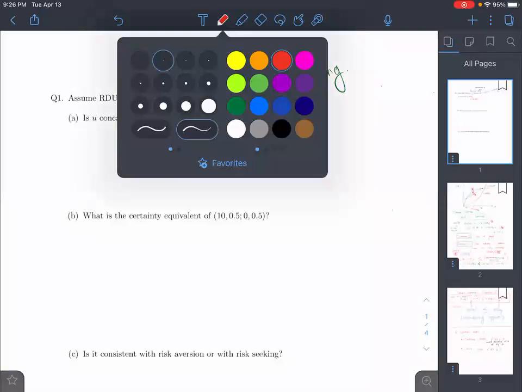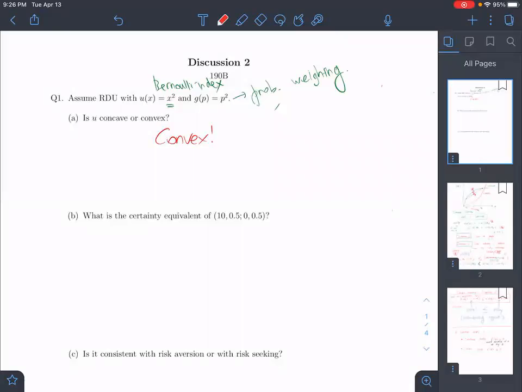And we can see that, for u double prime x, let me start with u prime x, step by step. What do you get if you differentiate this function once with respect to x? It's du/dx.